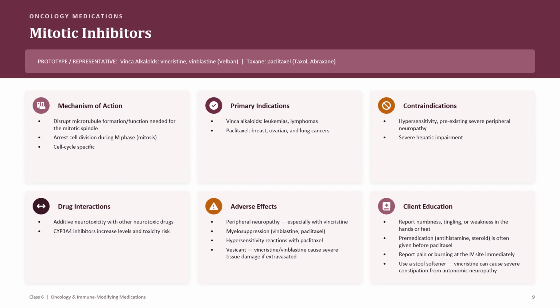So the adverse effect I want you to really lock in on is the peripheral neuropathy with vincristine. And that's numbness and tingling in the hands and the feet. So here's a connection that makes it all click.